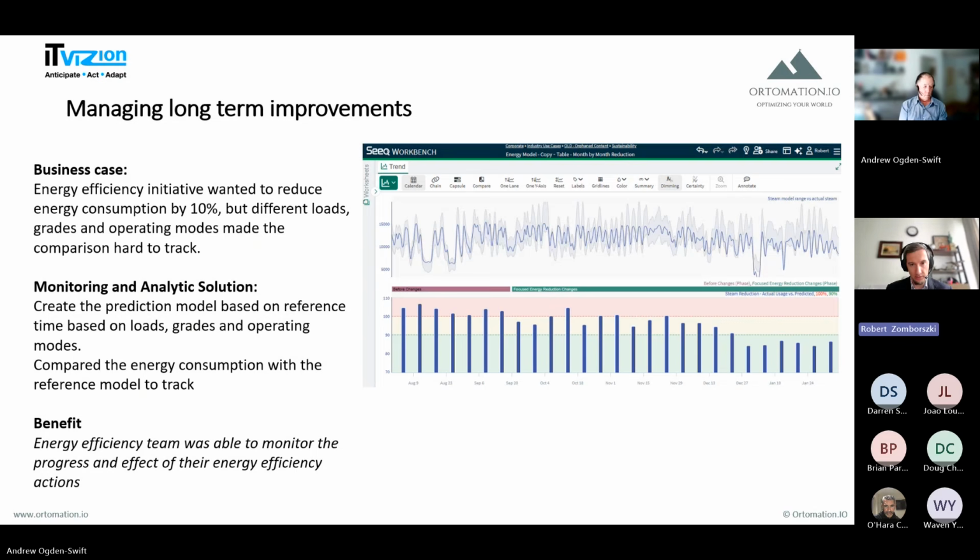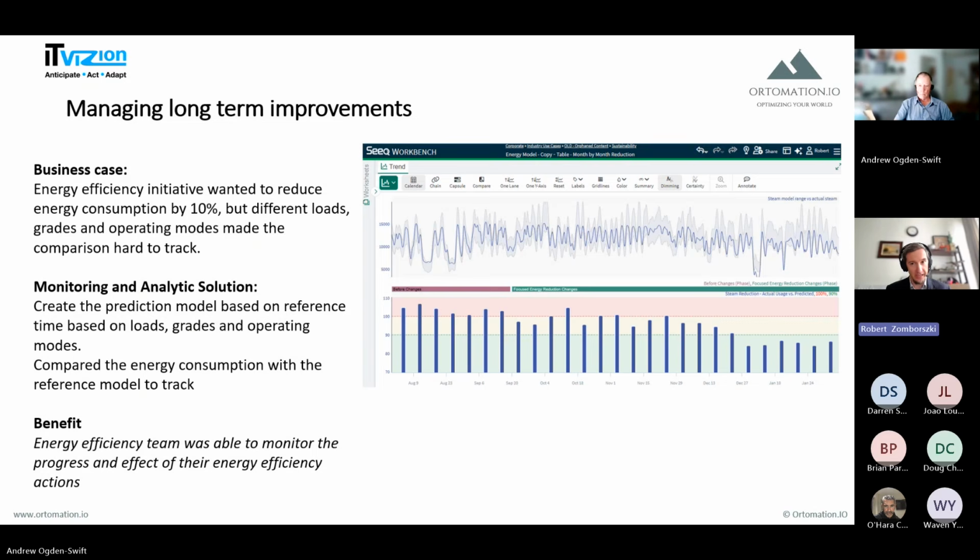That is the top of the screen where we see this shaded area, that is the reference and the minus 10% of it, and the blue continuous line, that is their energy consumption. So we can see how it is going out of this area to reach the 10%.